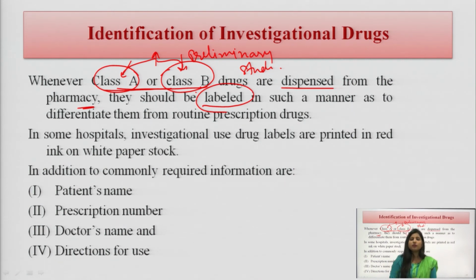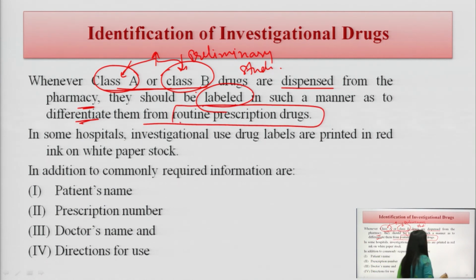They are not dispensed for maintaining therapeutic efficacy, because there are many drugs which are given for therapeutic efficacy, and they all are approved by the FDA. So if any class A or class B drugs are dispensed, it is for research purposes. So it's very important to maintain the labeling in such a manner that we can differentiate them from the routine prescription drugs.